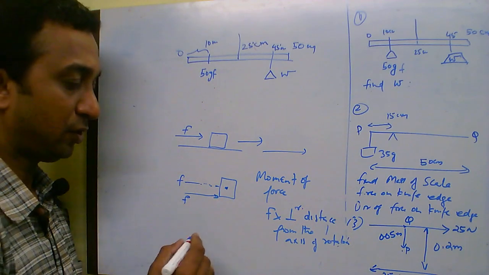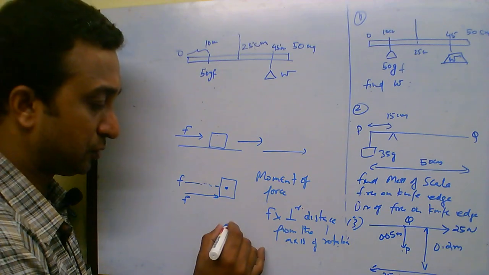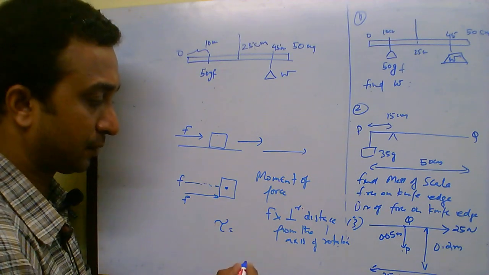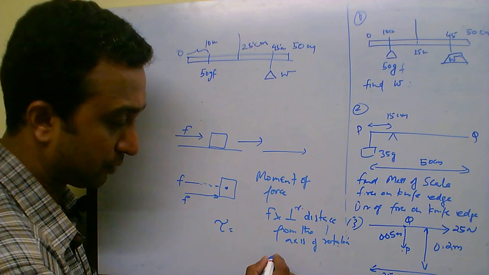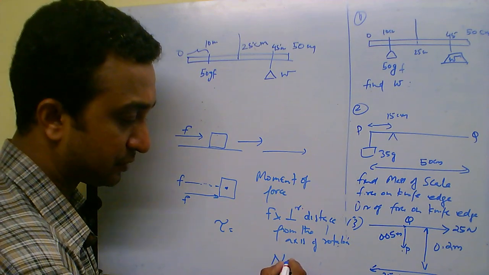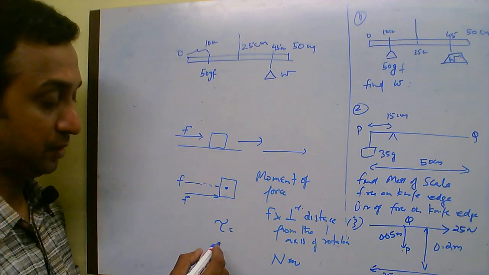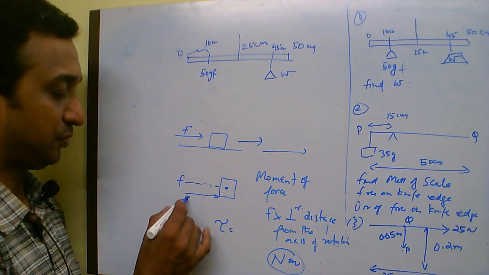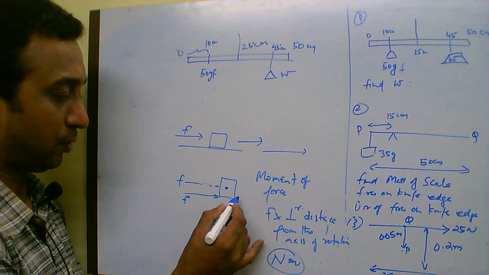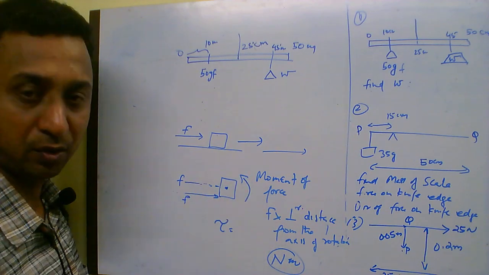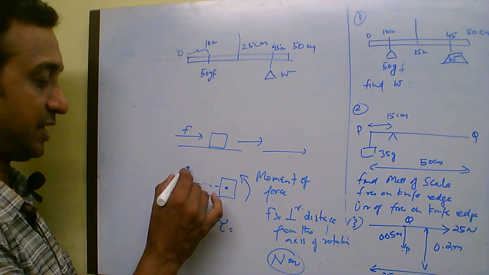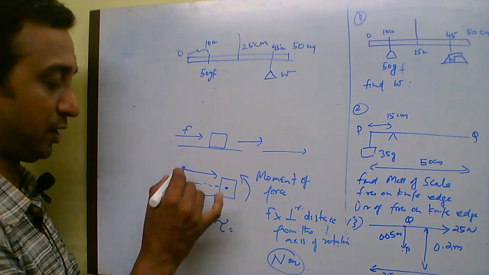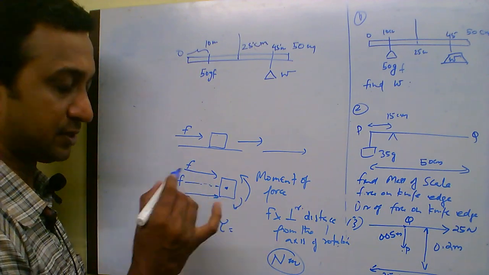Now this moment of force is also denoted by the letter tau. As you know, the force has unit Newton, the distance unit is meter, so the unit of moment of force or torque is Newton meter. Now if the force is exerted at this point, the body turns in the anti-clockwise direction. If the same force is exerted at this point, the body will turn in the clockwise direction.